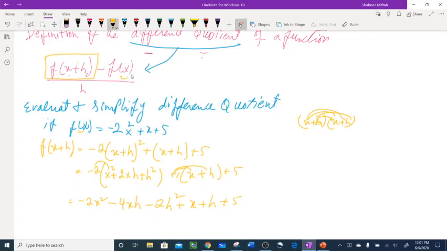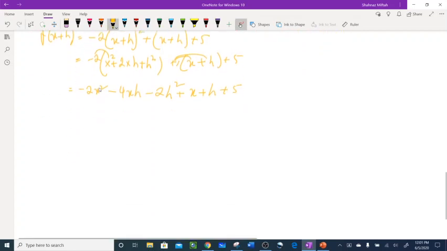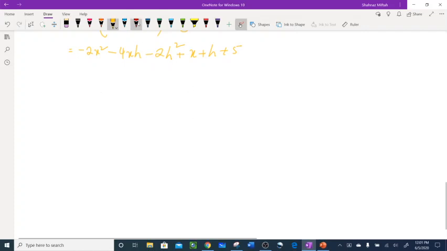Now, everything is set up for f of x plus h. Now, I'm going to plug in everything in this equation. So let's go and plug it in. For example, the function I have, I'm going to write it again because we can see it now. f of x plus h minus f of x over h. So let's plug in f of x plus h, which we got right there.